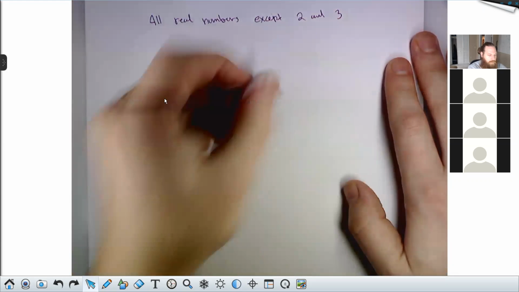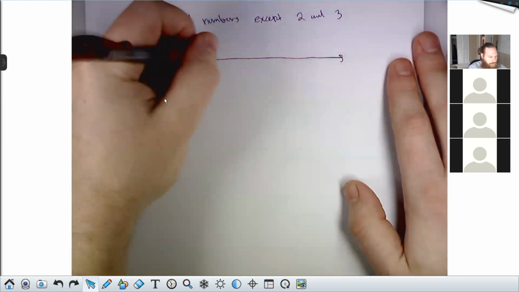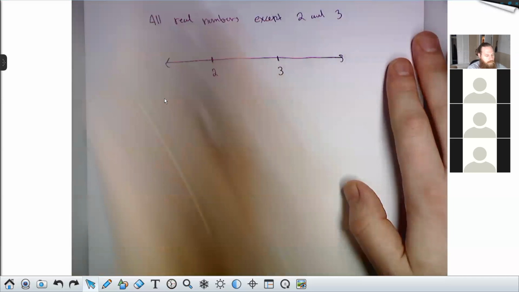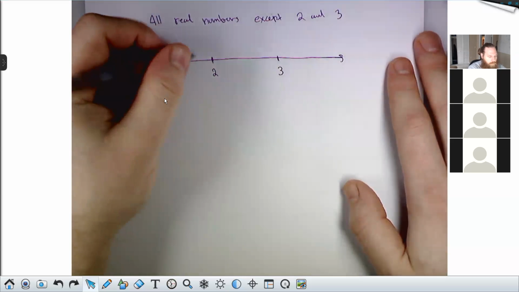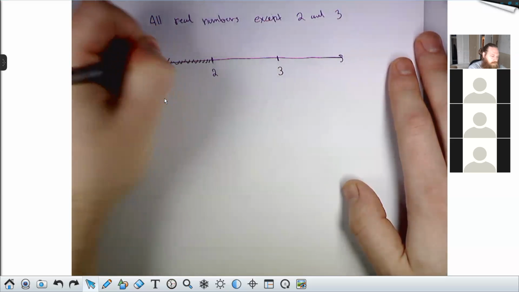For any problem like this, I think it's helpful to draw the number line, plop down any numbers that are obviously relevant, in this case, 2 and 3, and then try to just shade in the stuff you know you want. We know we don't want 2 and we don't want 3, but we do want everything else.